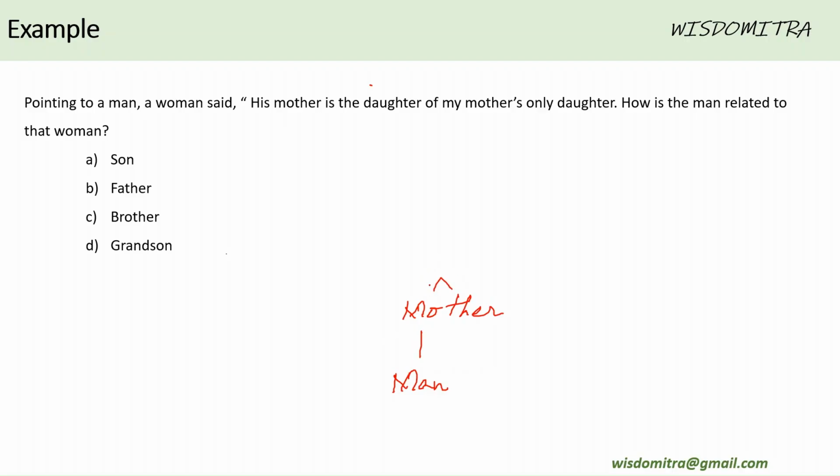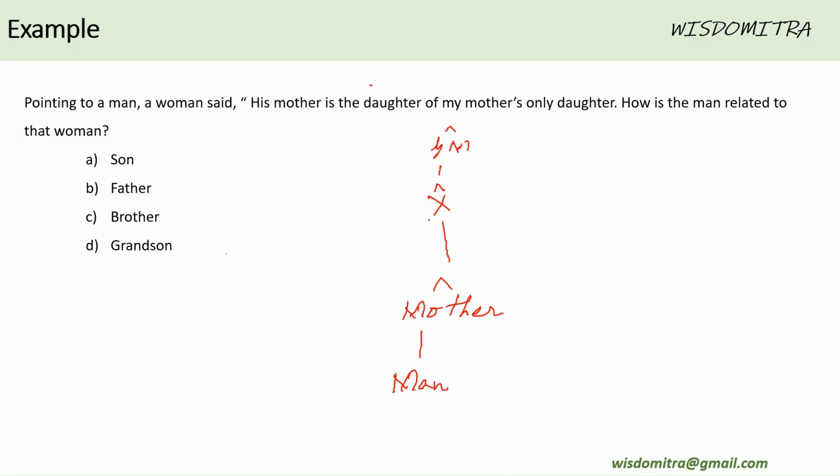His mother is the daughter, again, of someone. Let us call this particular person X, daughter of my mother's only daughter. My mother's only daughter is nothing but the woman herself, and since she is a female, I'm putting a cap on it. So let us call her grandma, right?